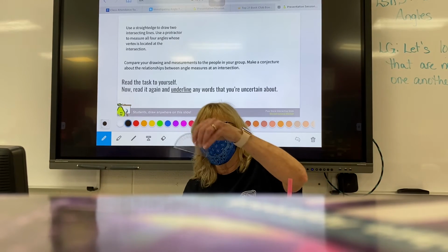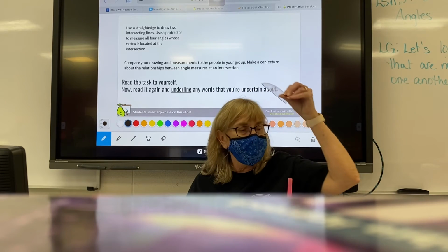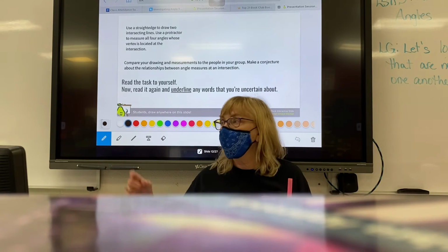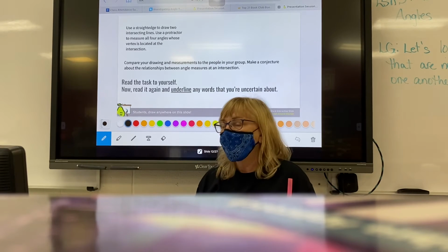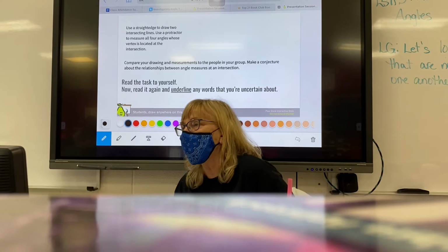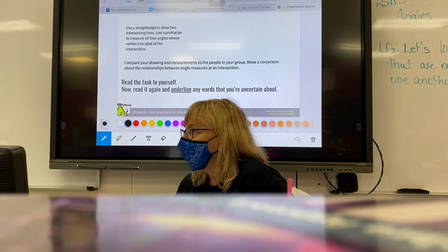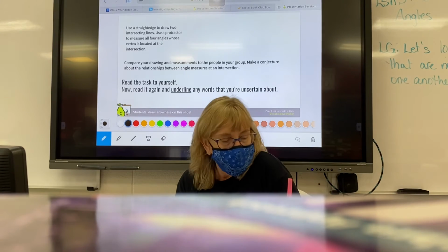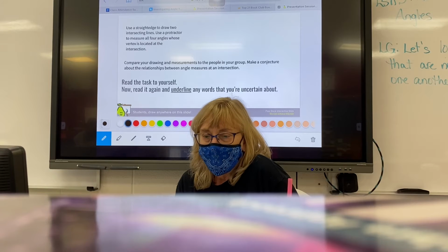If you look at your protractor, this is a straight edge. Your compass has a straight edge on it. A ruler is a straight edge. It's something that allows you to draw a straight line, because by hand, we probably wouldn't draw a really good straight line.